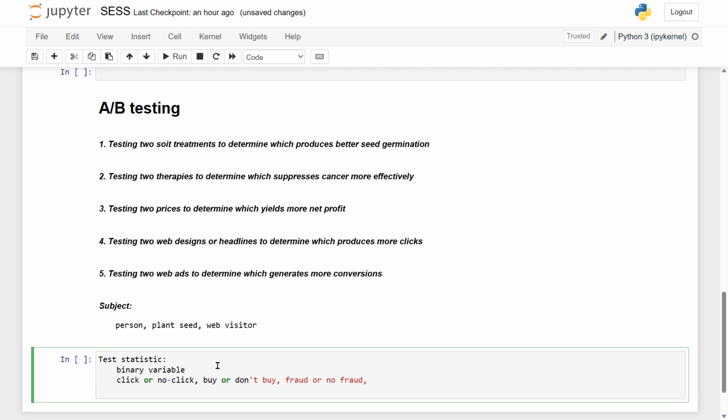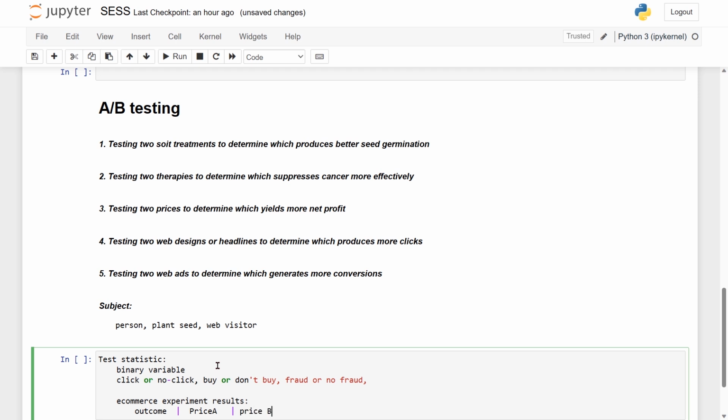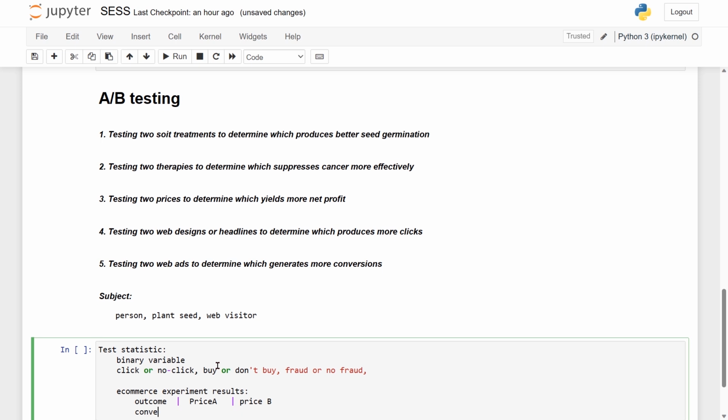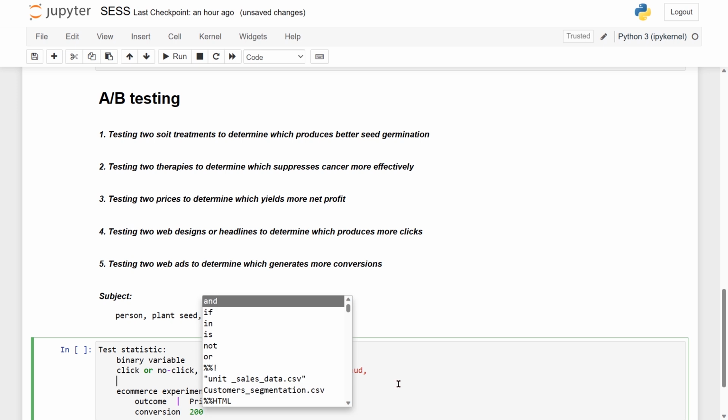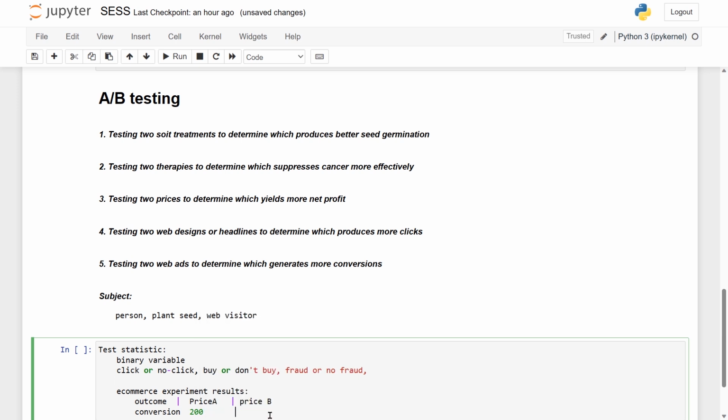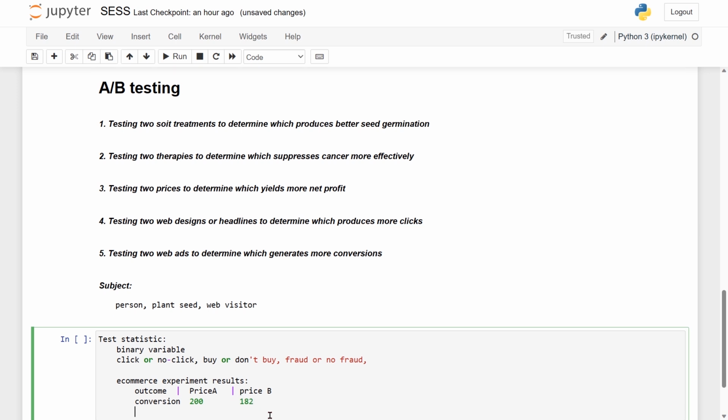Let's make a 2 by 2 table for e-commerce experiment results. So the outcome: price A and then price B. Conversion: 200, then 182.